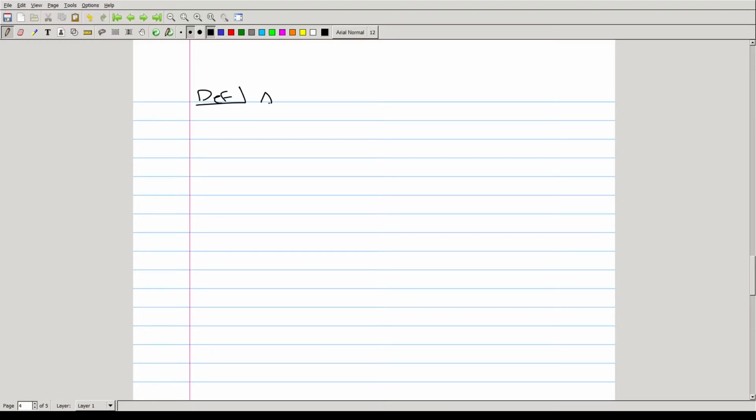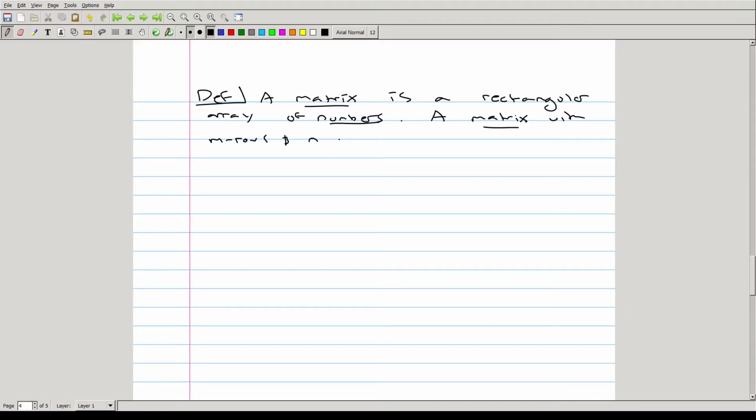So a matrix is a rectangular array of numbers. A matrix with m rows and n columns is called an m by n matrix.